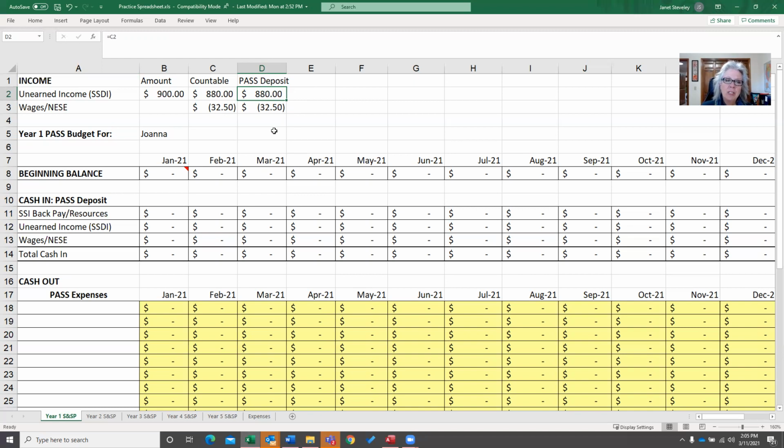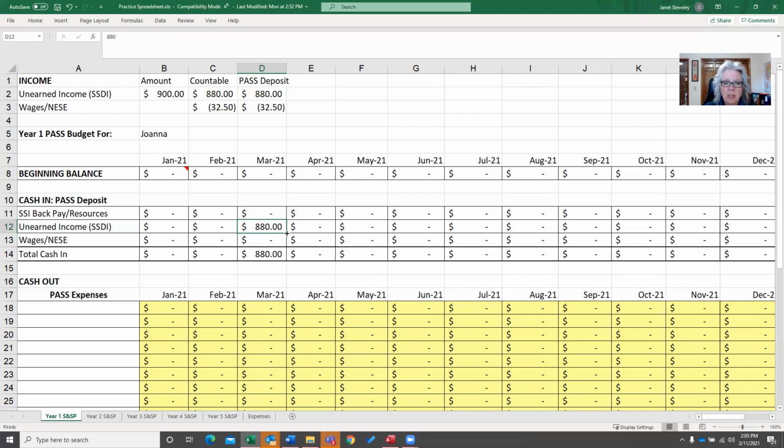Let's say she's planning on submitting her pass application in early February, and she hopes that, if that's the case, she can start saving for her pass in March. So in cell D12, which shows what she's putting into the pass plan in March, I'm going to type in 880 as her pass contribution.